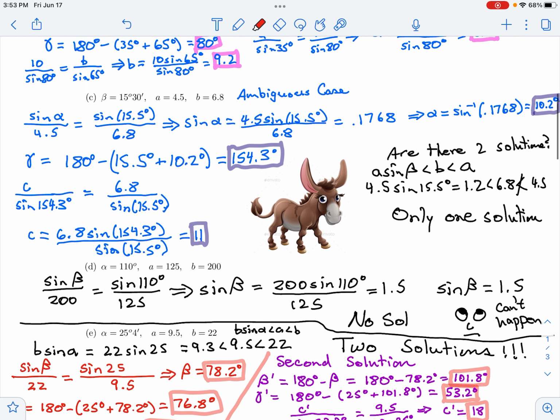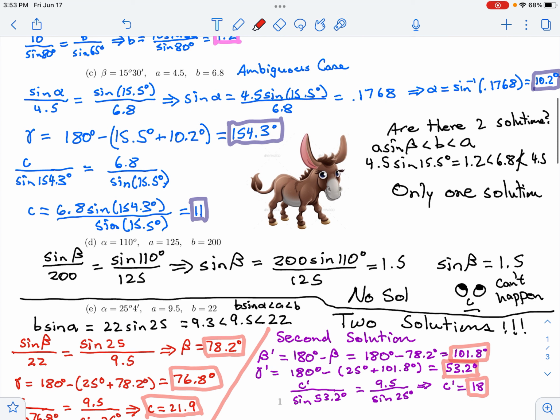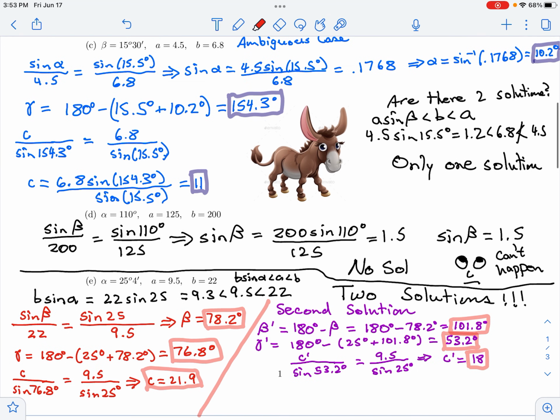Now the next one, we see this too is the ambiguous case, but we don't pay that much attention. We just go about our business to solve this. It looks like I need to find angle beta. So I've got sine beta over 200 equals sine 110 degrees over 125. When we work that out, we get sine beta equals 1.5.